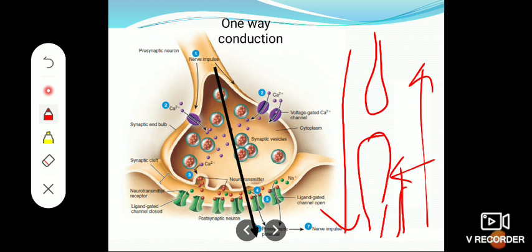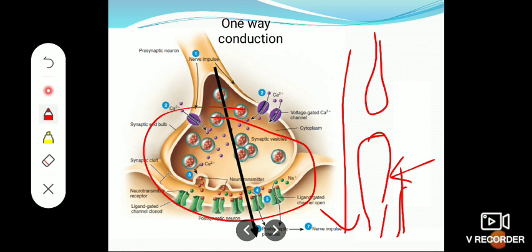So it depends on the presynaptic terminal. It is always one-way conduction, whatever the direction. Whether it is sensory or motor, it will go in one direction only. It will not go bidirectionally. Across the axon, conduction is bidirectional, not across the synapse.